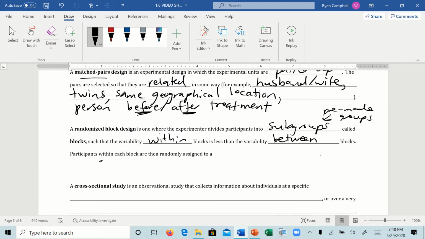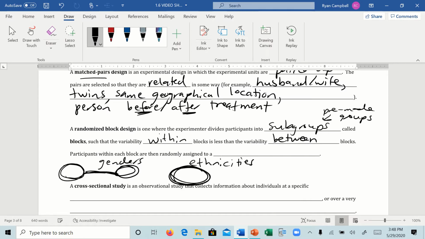If you separate people into genders, there should be fewer differences between people of the same gender than between people of different genders. You could also talk about ethnicities. You would see that there are more shared characteristics within the same ethnicity than between different ethnicities in this scenario. So that's what these pre-made groups are.